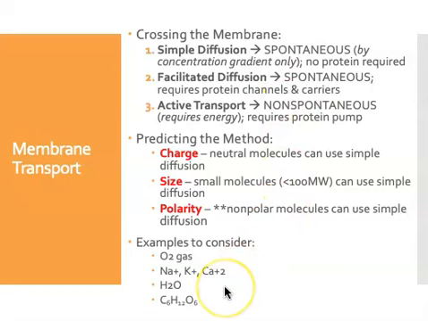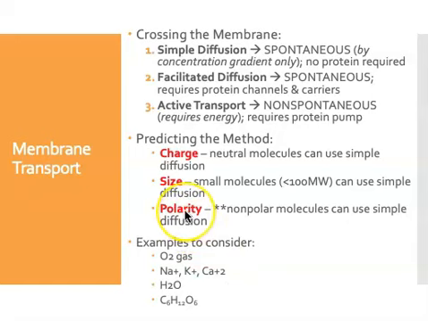Last on our example list down here is C6H12O6. Hopefully you recognize this as glucose, another very common molecule in living cells, very important molecule.